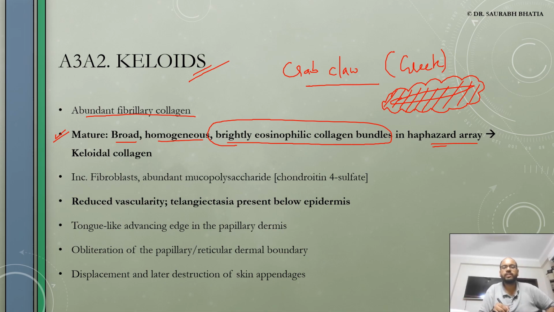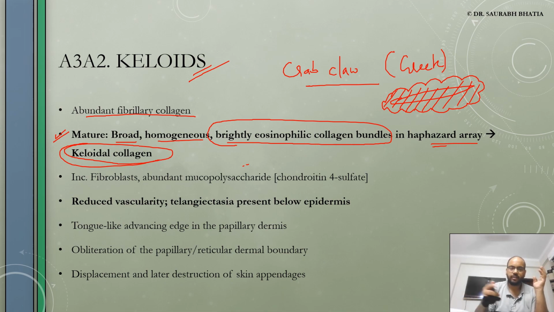And this broad, homogeneous, brightly eosinophilic collagen bundle is known as keloidal collagen. So if you're writing about biopsy features of keloid, you have to mention the term keloidal collagen. And you should remember that keloidal collagen is nothing but broad, homogeneous, brightly eosinophilic collagen bundles.